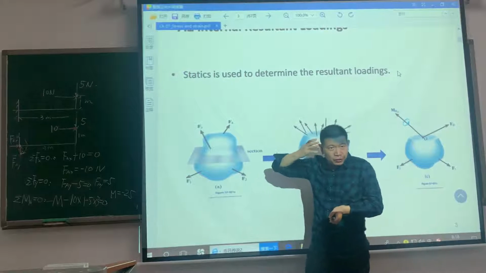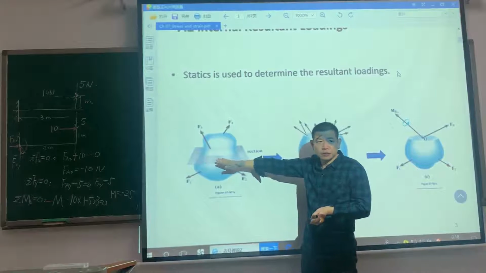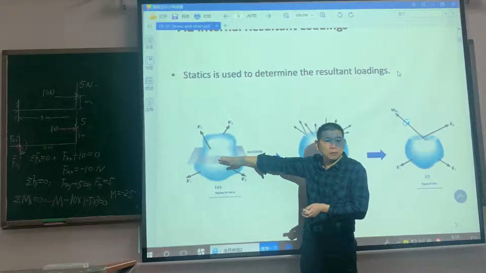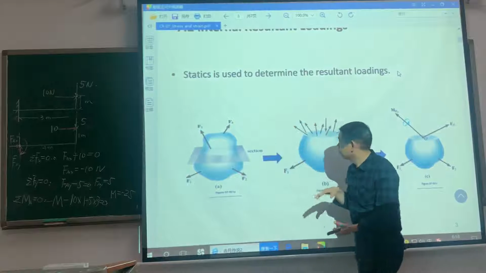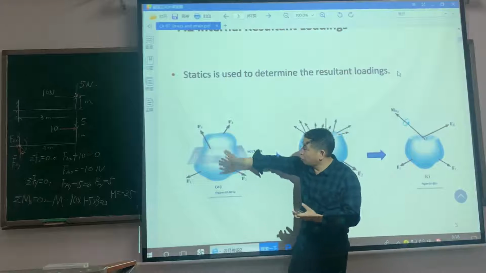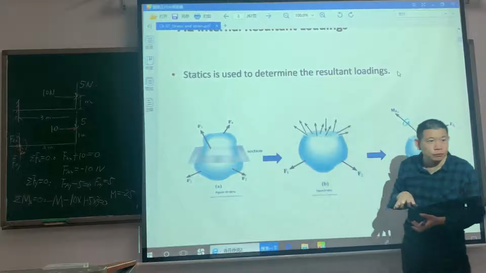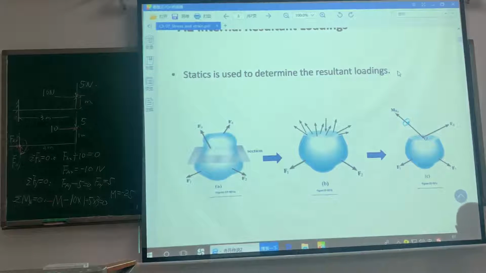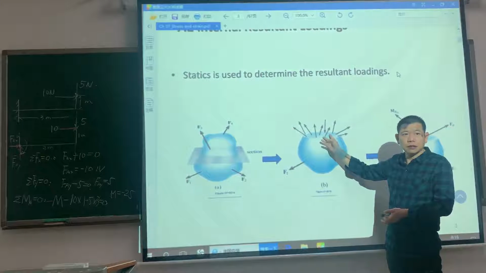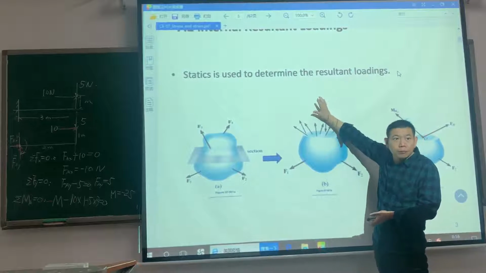We imagine passing a section through a location in the body, separating the body into two parts. We know the top part will exert forces on the bottom part. These are the forces exerted by the top part.